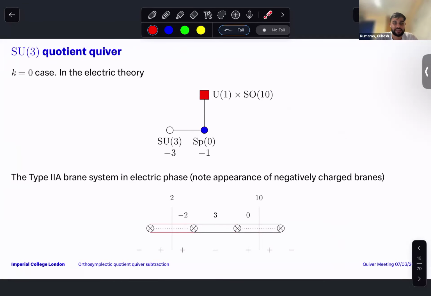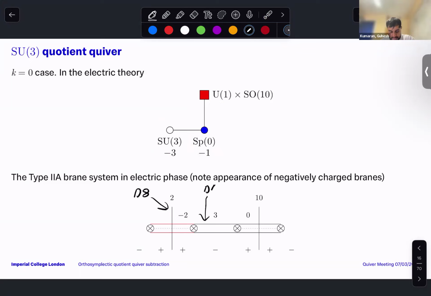Okay, so the K equals 0 case. This was something that we saw before, but using slightly different magnetic quivers. In this case, we still have SU3 times SP0, and I've written it in the way that we're still at finite coupling. You'll notice that the flavor symmetry here is U1 times SP10. You can see this in the brane system. These are the D8 branes.